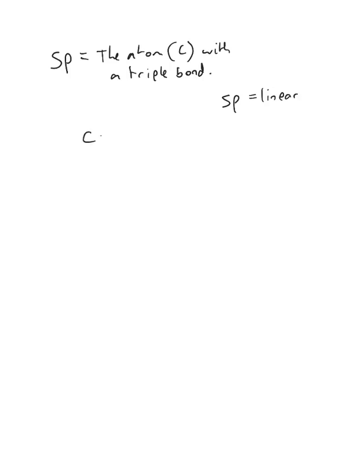So when you have your carbons, you end up having two p orbitals pretty much orthogonal to each other, right? And then you just end up with one hydrogen sticking out. So these form a pi bond and these form a pi bond.